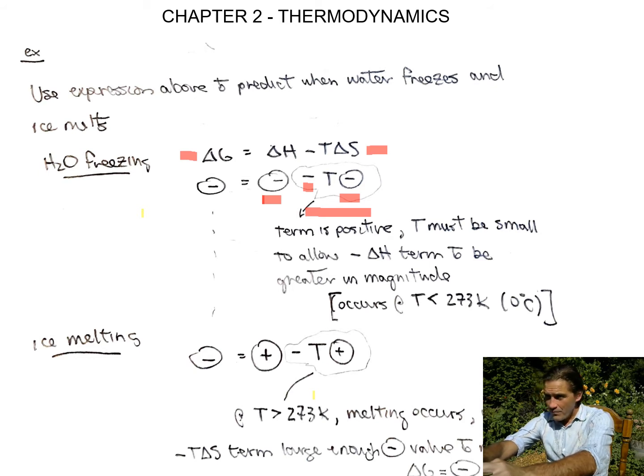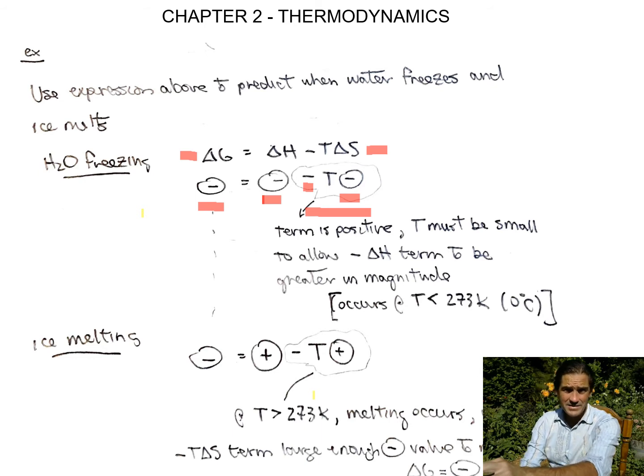But if the reaction is actually going to be spontaneous, those two terms on the right-hand side need to give us a negative value. Therefore, T must be small to allow the negative delta H to be greater than the magnitude of the other term.